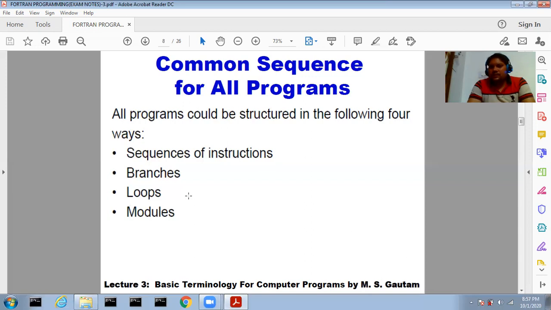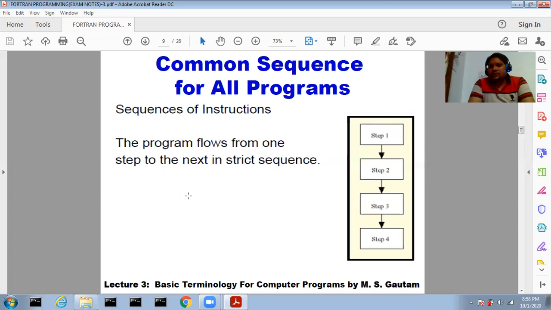First part of program is sequence of instruction. Second part is branches. Third part is loop structure or looping. Fourth part is modules. All these four steps are common features to all types of programs. So let me discuss one by one.